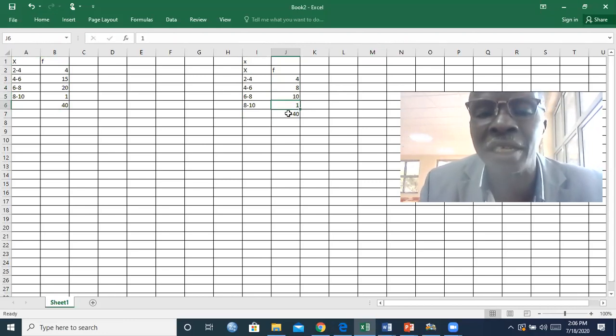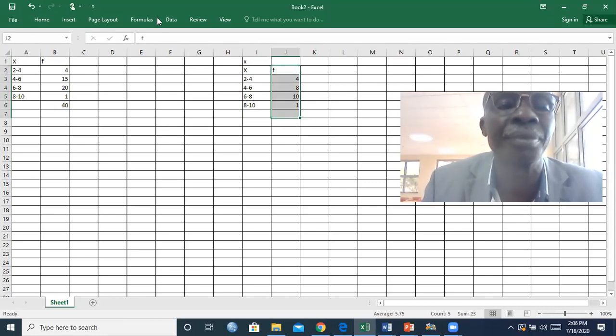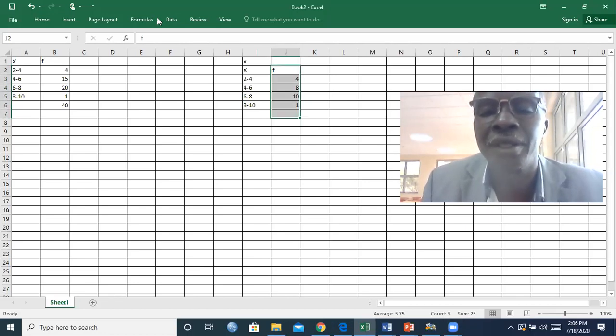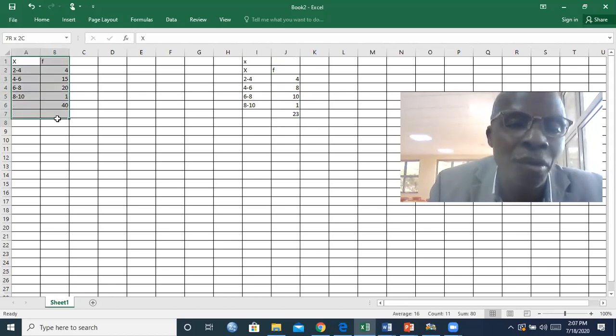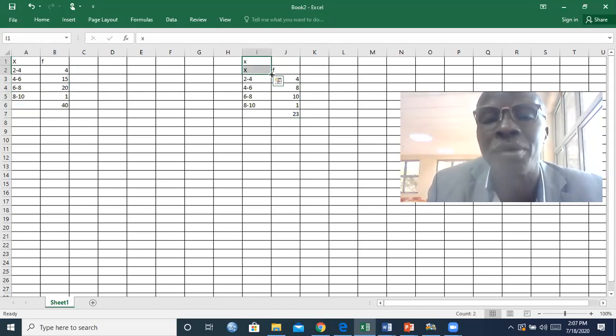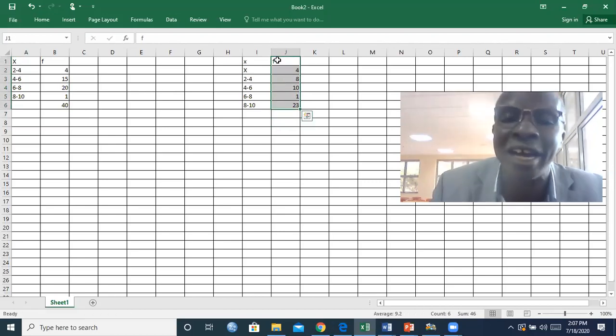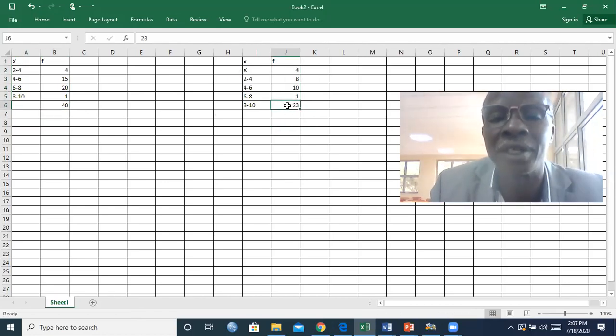So sigma F here is, say, 23. This is a large sample, and this is a small sample. I want to illustrate the two running concurrently.